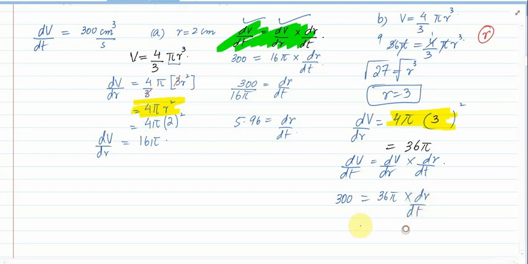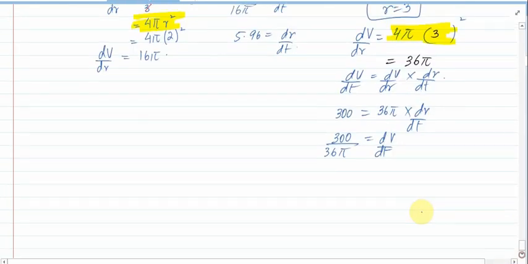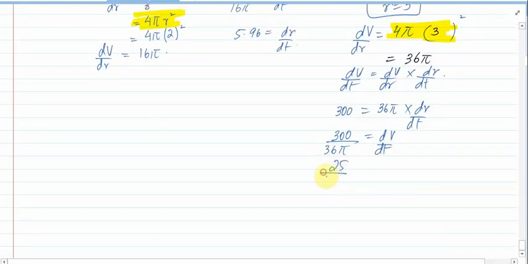So that will be 300 divided by 36 pi. If you simplify it, that will be 25 divided by 3 pi equals dr upon dt, and that is your answer.